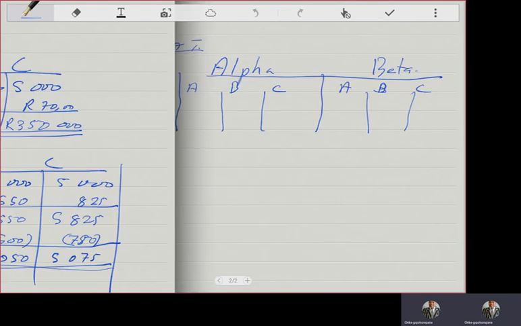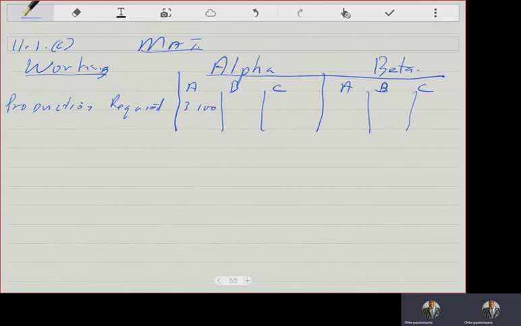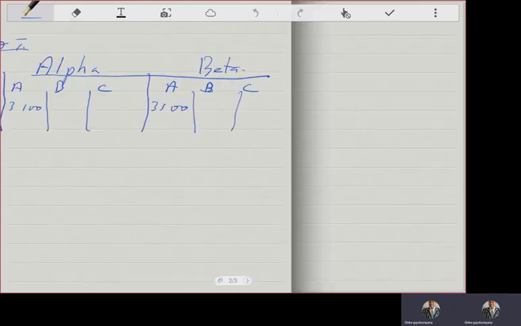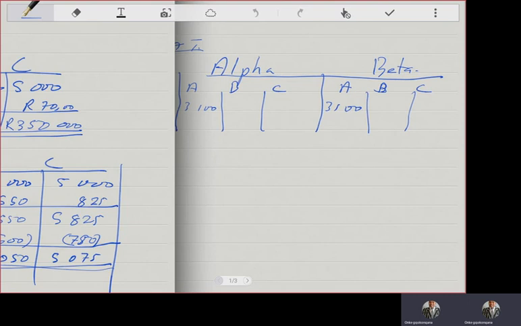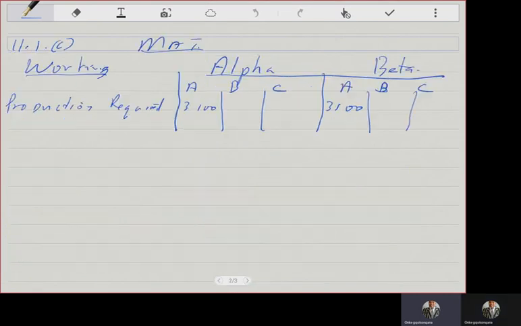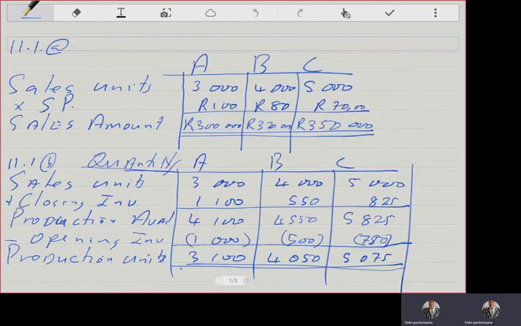So you'll put your 3,100 here, and again 3,100 this side. Now for your product B, that is 4,050. That's your B, 4,050, your production required. And your product C needs 5,075.